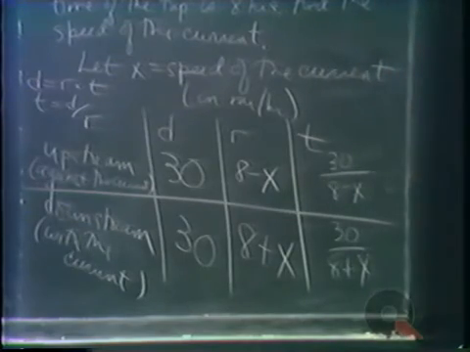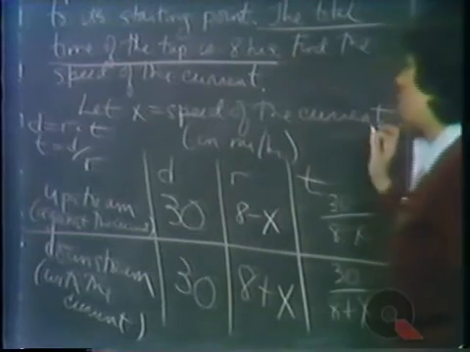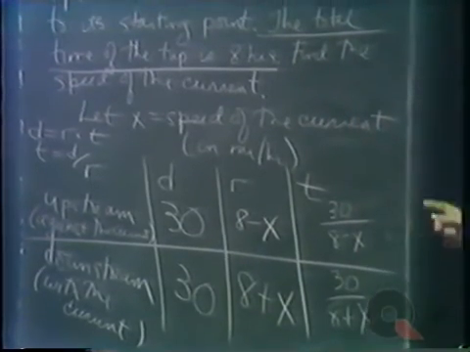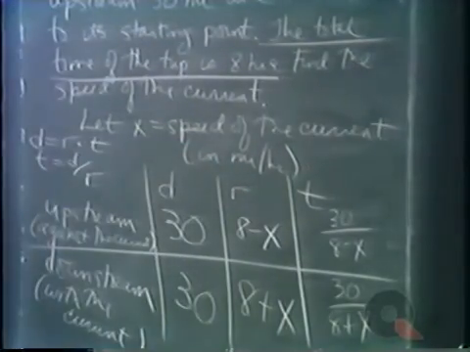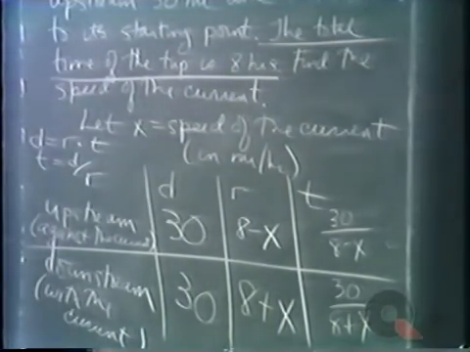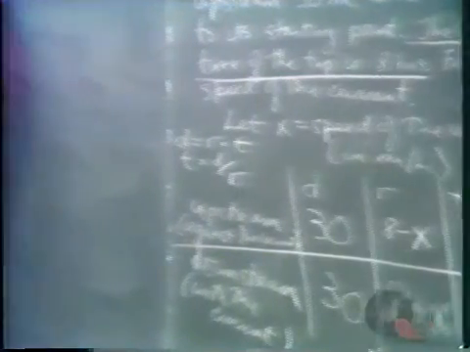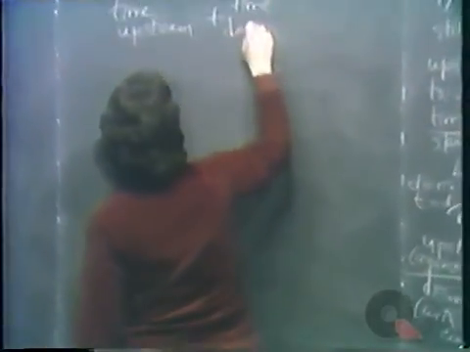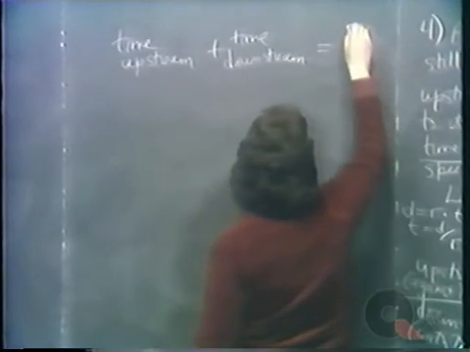And the key to working out the problem is that the total time of the trip is 8 hours. That is, the time upstream plus the time downstream must be equal to 8 hours. The time upstream plus the time downstream must be equal to the total time of the trip.